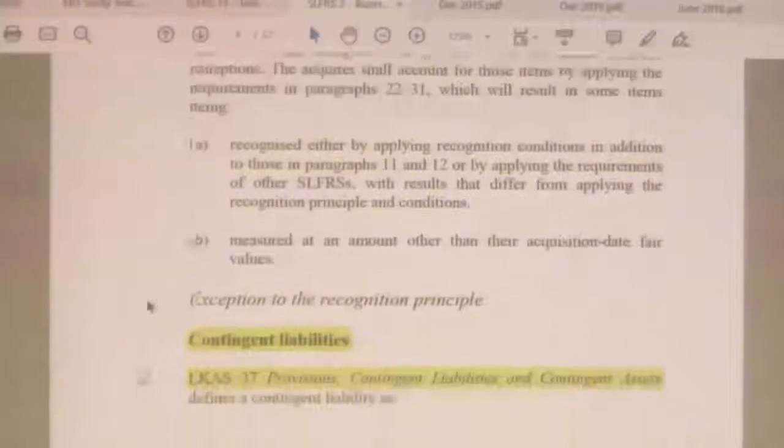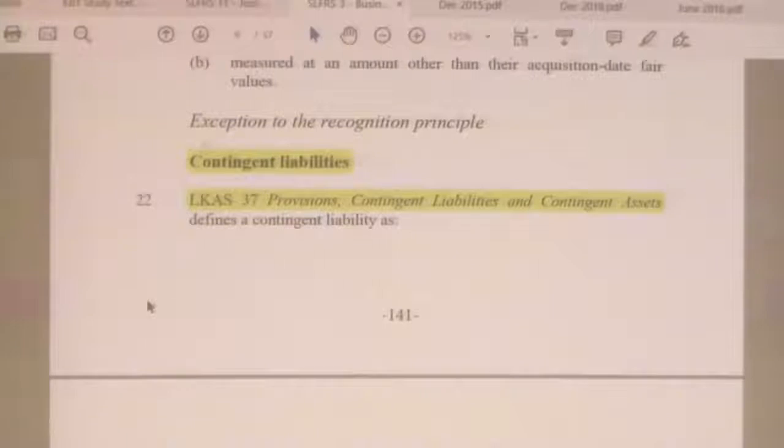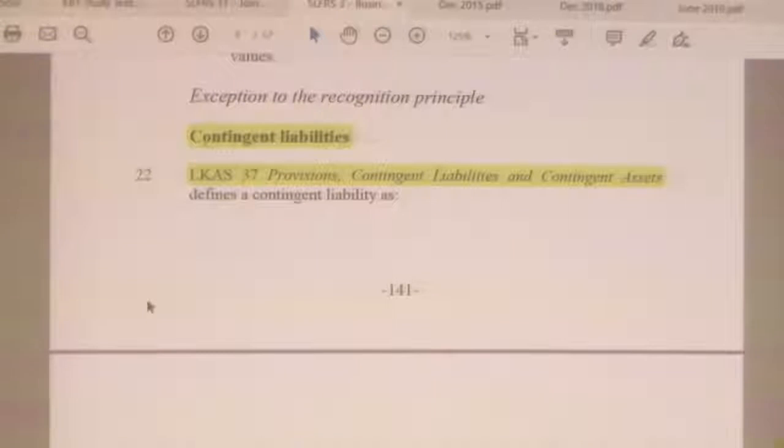There are a few exceptions. What are the exceptions?